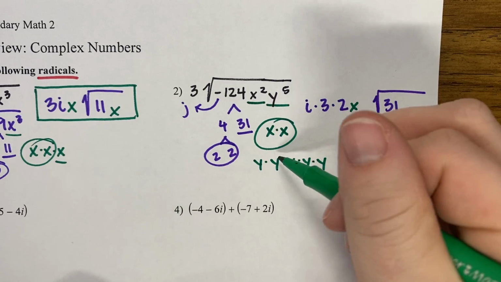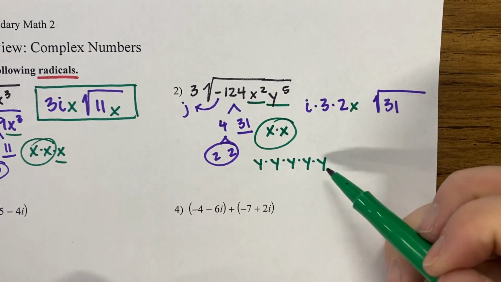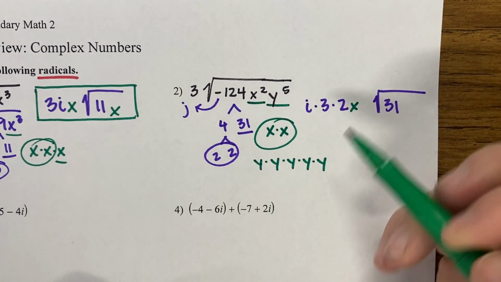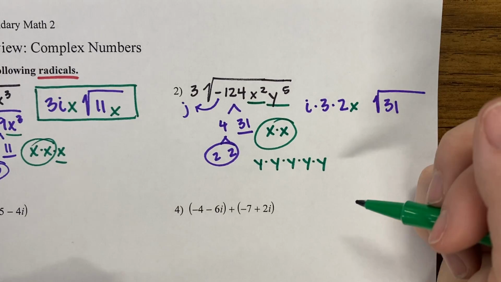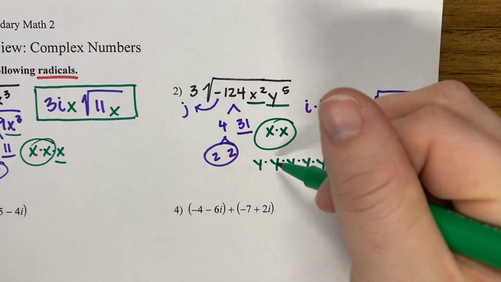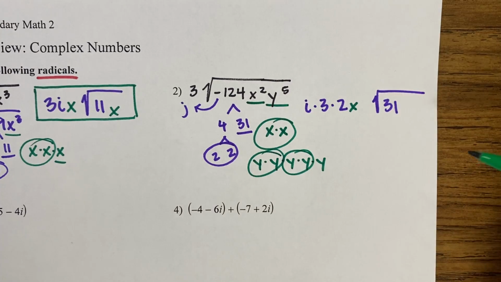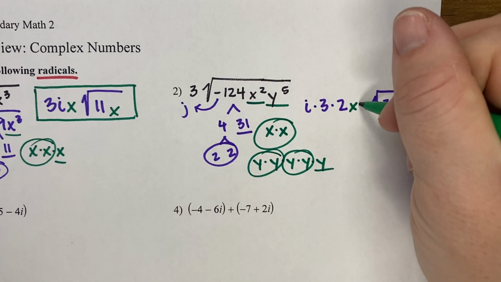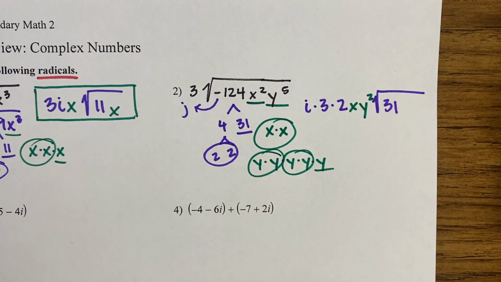We know it's an odd number, so you could take 2 pairs of y's, and one y has to stay in, so hence y squared for my 2 pairs of y's, and one y that had to stay in.